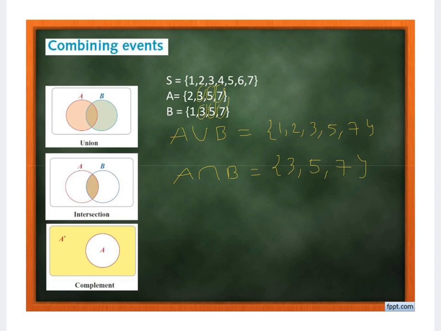So for the intersection, we find the same numbers from A and B. A complement, the members outside of A, is 1, 4, and 6. B complement, outside of B, is 2, 4, and 6.